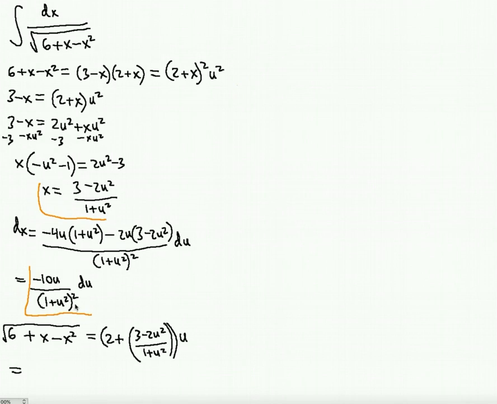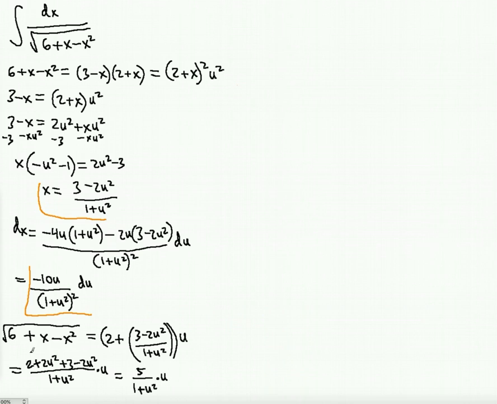We can simplify this to yield 2 plus 2u squared over the LCD 1 plus u squared, plus 3 minus 2u squared over 1 plus u squared, and this thing times u. So this is equal to 5 over 1 plus u squared, times u.